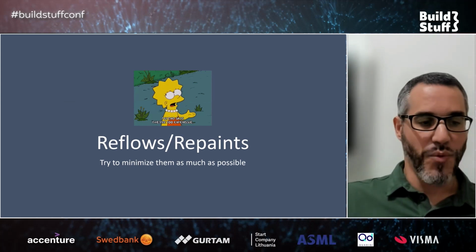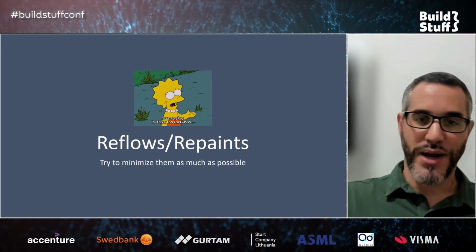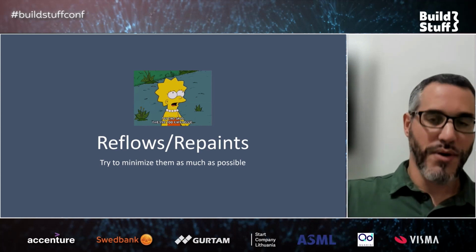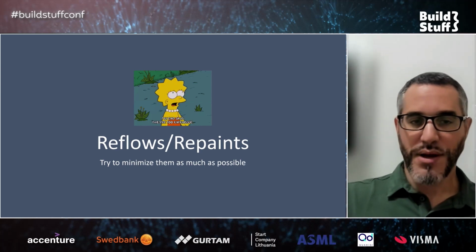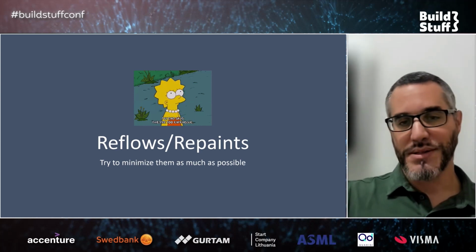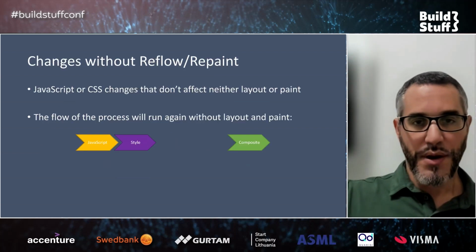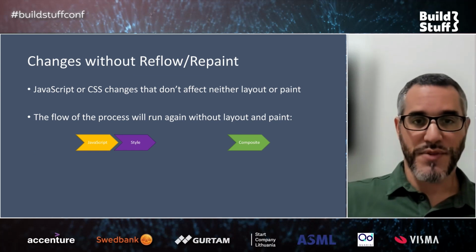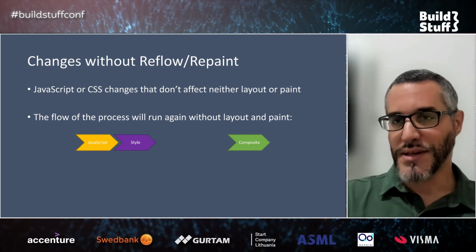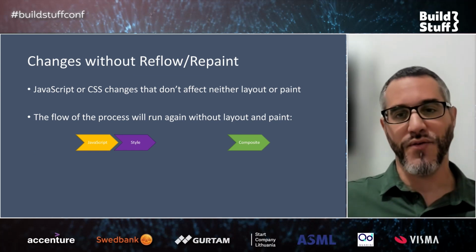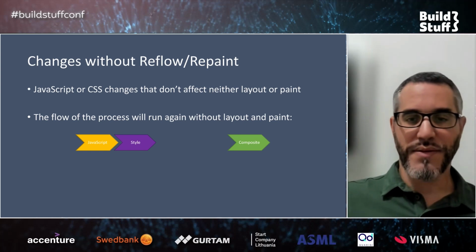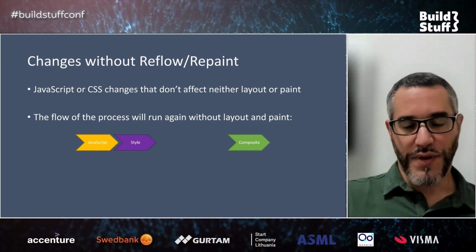That means that whenever you're losing frames or producing less than 60 frames per second in your application, it's because reflows and repaints are running. Changes without reflows and repaints can also occur. Something like I'm calculating some stuff, but I'm not changing anything visual. That means that the pixel pipeline will run without the layout and paint, and it will run smooth and very fast.